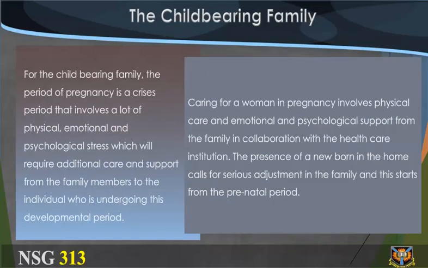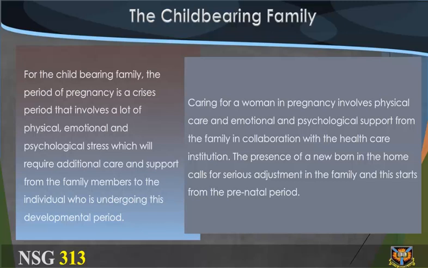The childbearing family. For the childbearing family, the period of pregnancy is a crisis period that involves a lot of physical, emotional, and psychological stress, which will require additional care and support from the family members to the individual who is undergoing this developmental period.